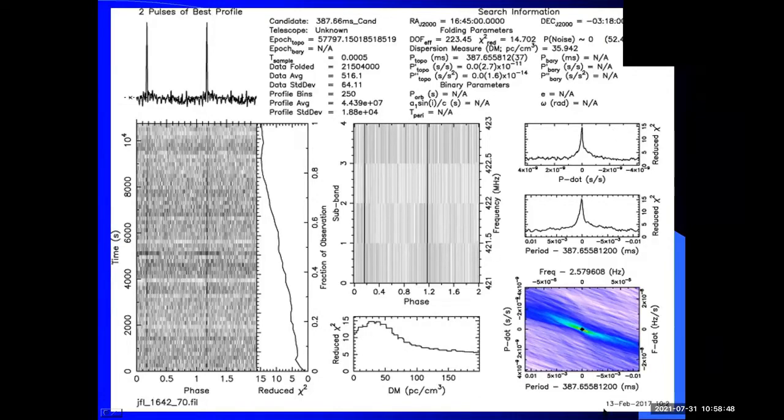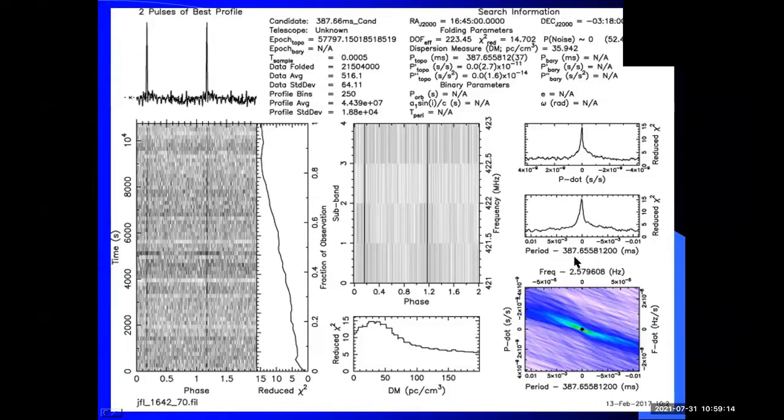On the right hand side, we've got 3 plots here. The central one is the period search, and in this 0 represents the matched period, and then we change the period in small parts per million, positively and negative, and what we expect to see is a peak at 0, and we expect it to run away.